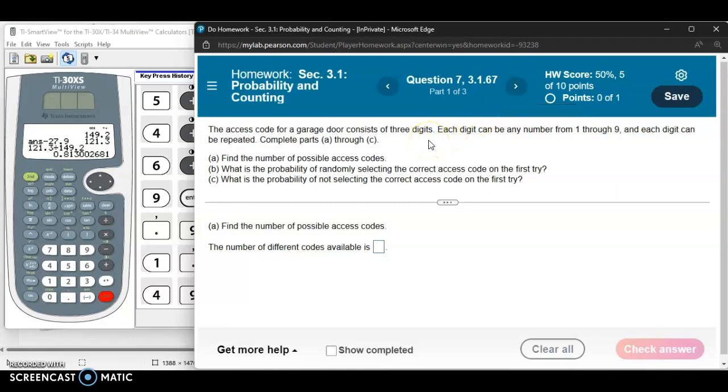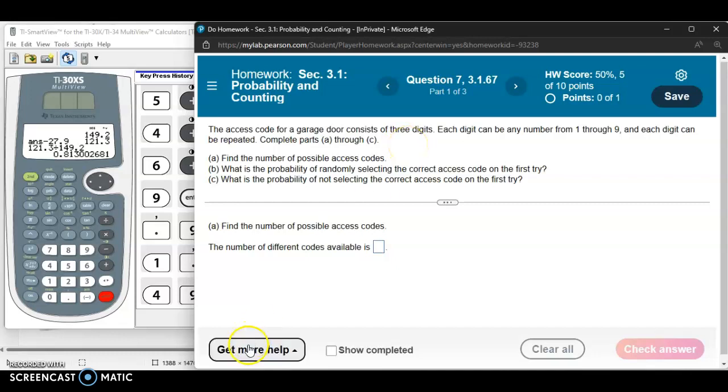Okay, question 7 says the access code for a garage door consists of 3 digits. Each digit can be any number 1 through 9, and each digit can be repeated. And we're going to answer parts A through C. So the first part asks, find the number of possible access codes.